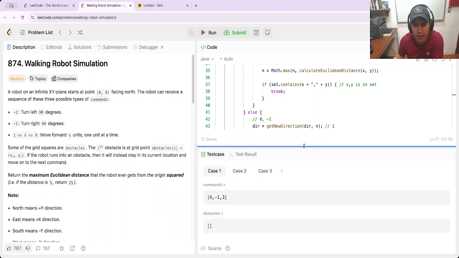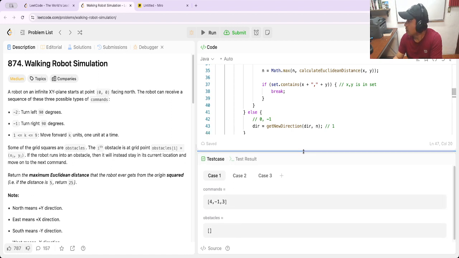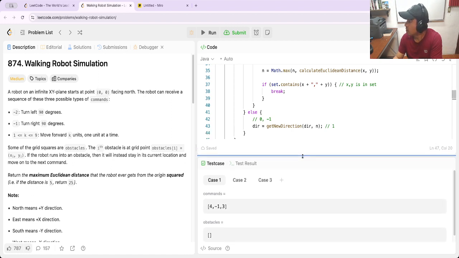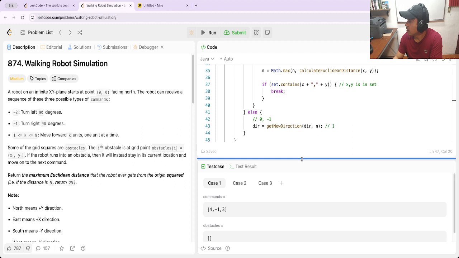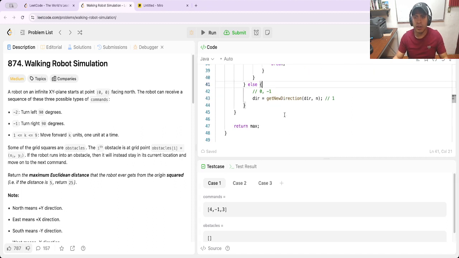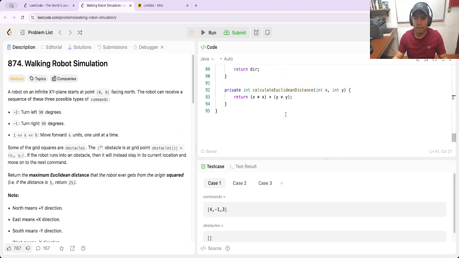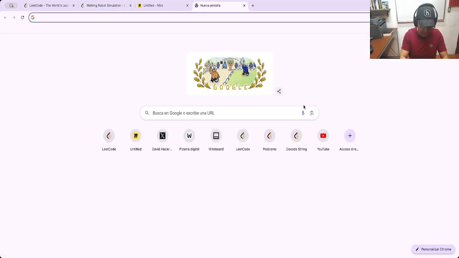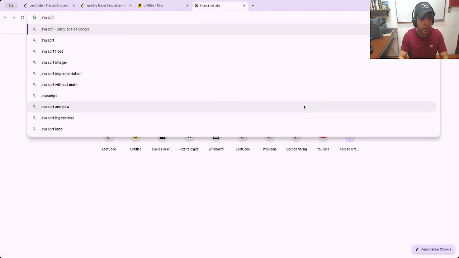I know that Java has a function to calculate this, SQR or something like that.